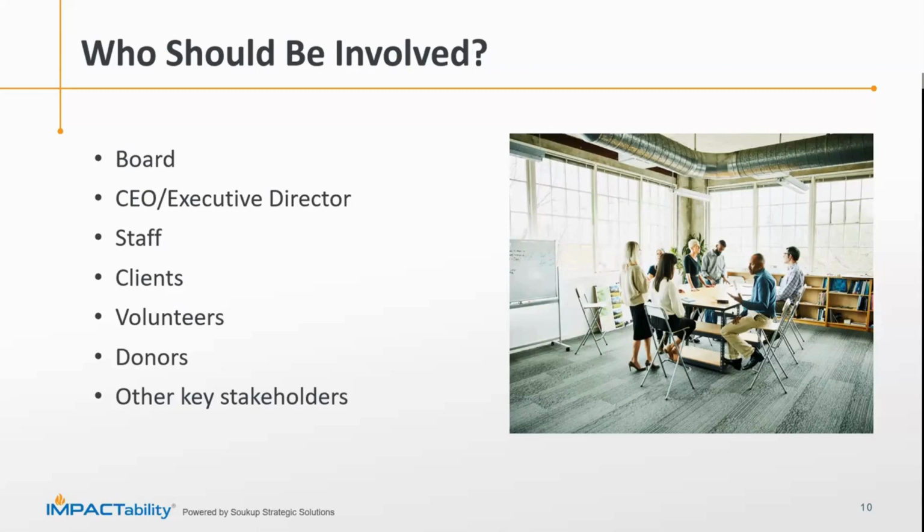You can do that formally or informally, but we think that having stakeholders be a part of helping you plan for what's most important in your organization's future is a really good way to ensure that everyone is being heard, they're part of the process, and that the board can make really good decisions along with the executive to fully meet the needs of the community in alignment with the mission and the vision of the organization. But it's important to hear from the stakeholders that are impacted by the work that's being done.